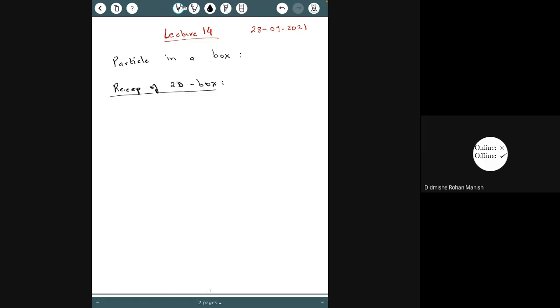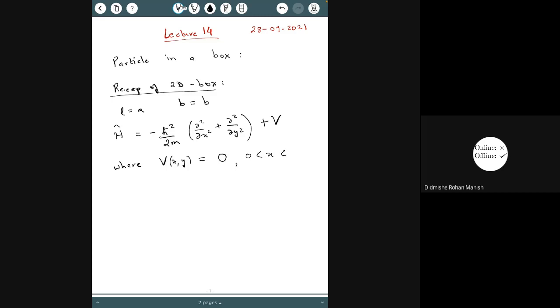The box had a length of a and a breadth of b, and the Hamiltonian looked like minus h cross squared by 2m times del squared by del x squared plus del squared by del y squared, plus V, where V(x,y) is equal to 0 for x lying between 0 and a, and y lying between 0 and b, and it was equal to infinity otherwise.